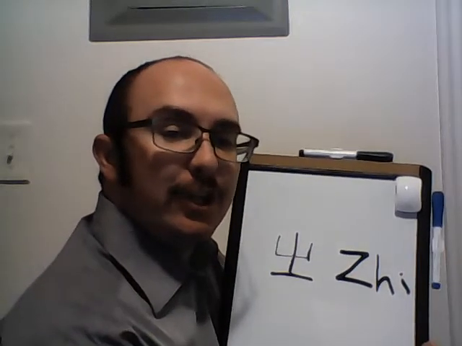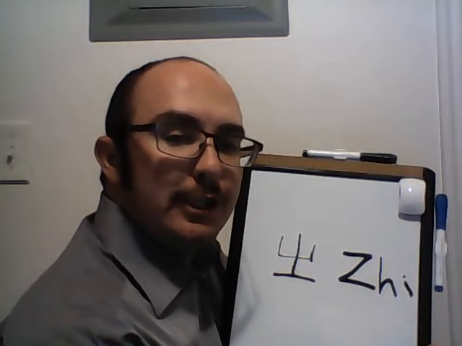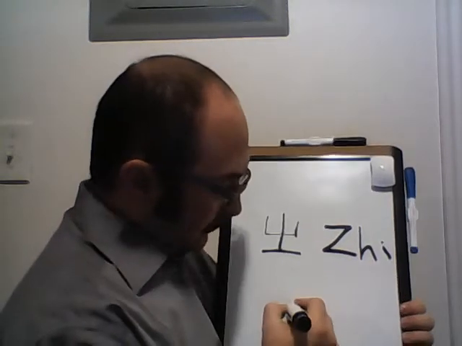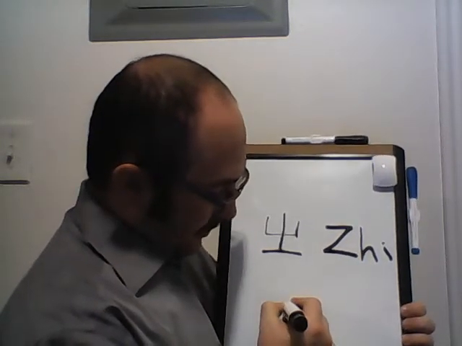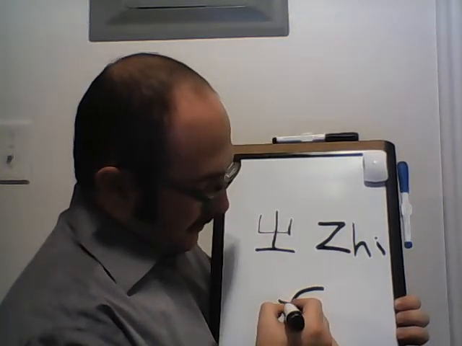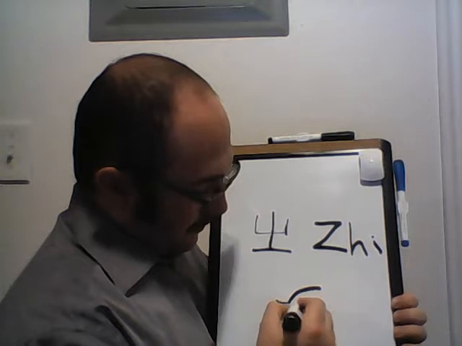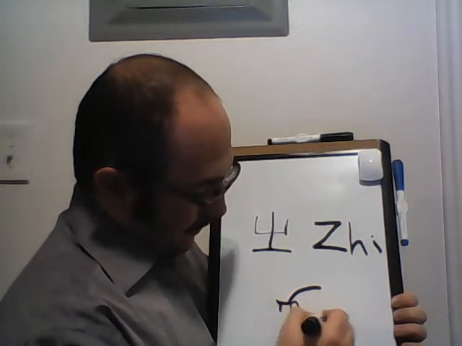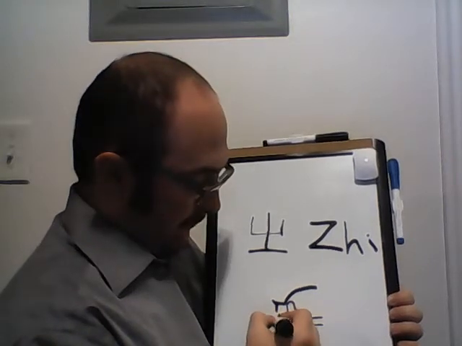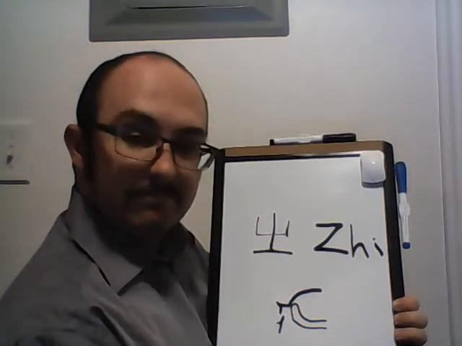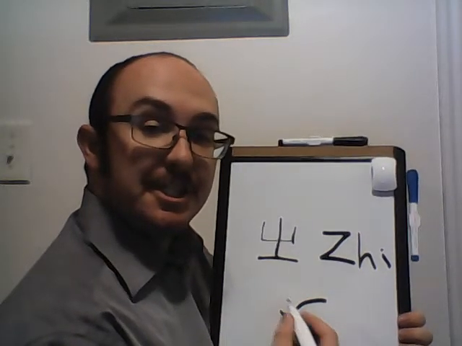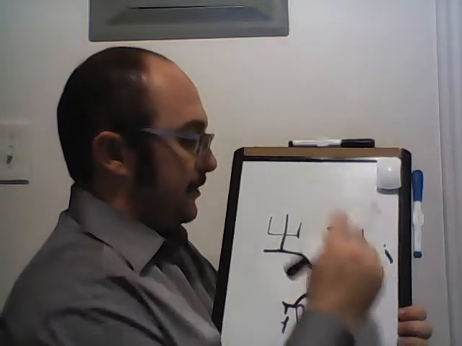So you curl your tongue back in your mouth, zhi, and so it's like you have your teeth and your gums and your palate, and you're going to put your tongue kind of right there, with your other teeth right there. It's a very poorly drawn mouth, I apologize, but I hope that gets the idea across. Zhi.